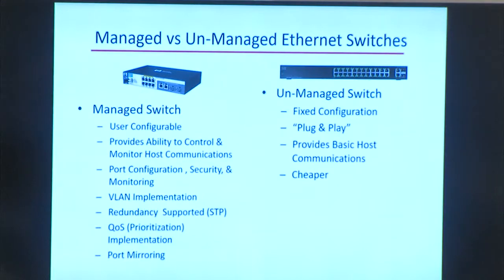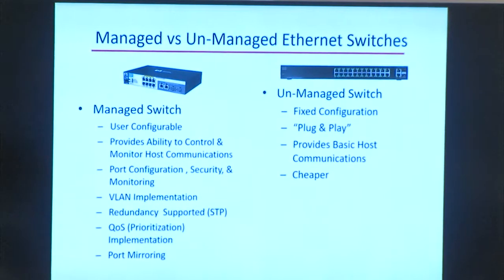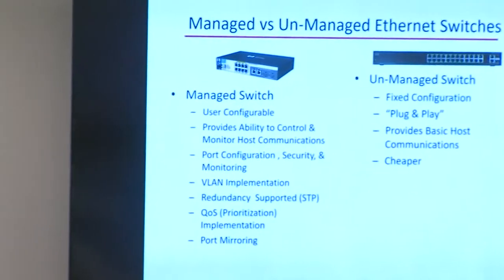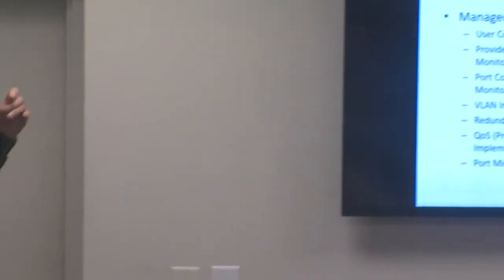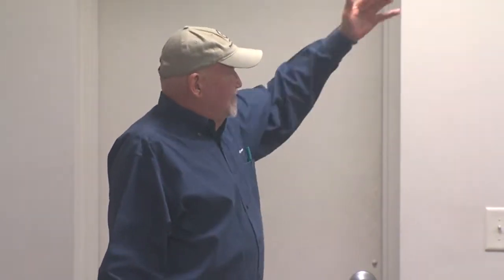There's also the managed switch, which has a feature set associated with it, has the ability for the user to configure that switch. And with that, you have access to monitor the switch actions. Managed switches also have additional features that allow you to maybe implement VLANs, and we'll talk about some of that stuff as well.